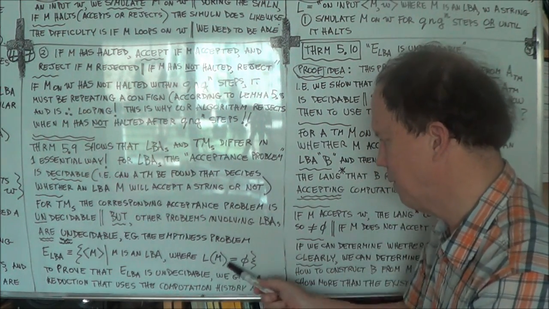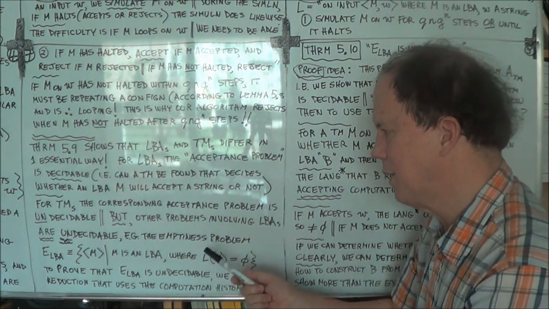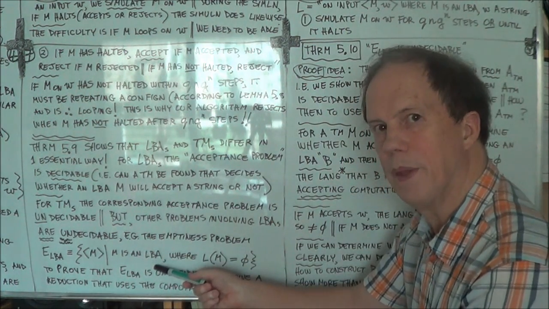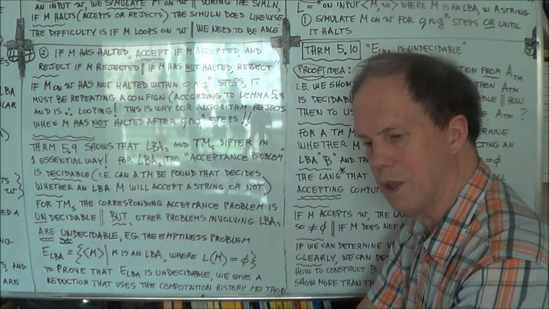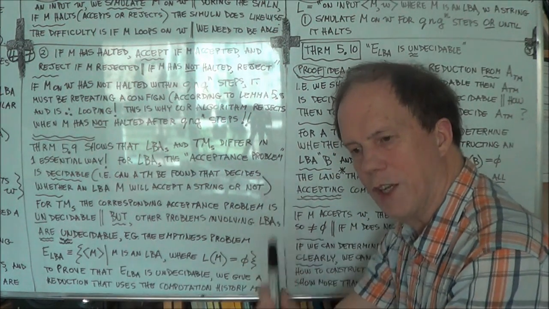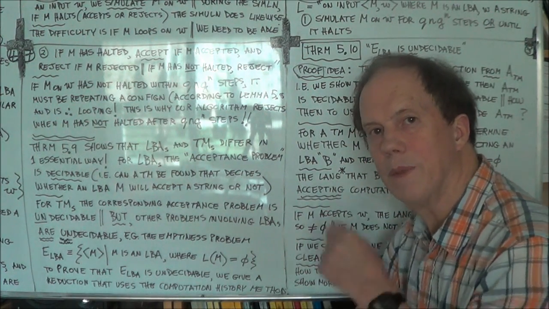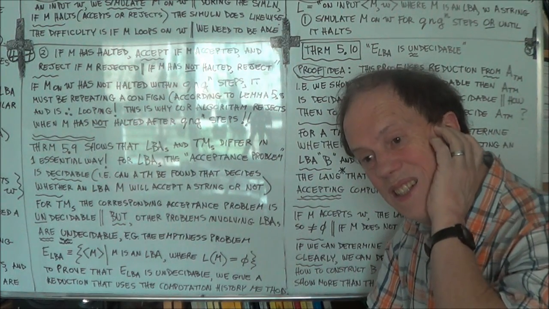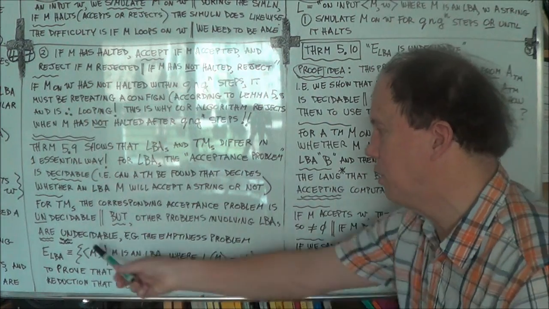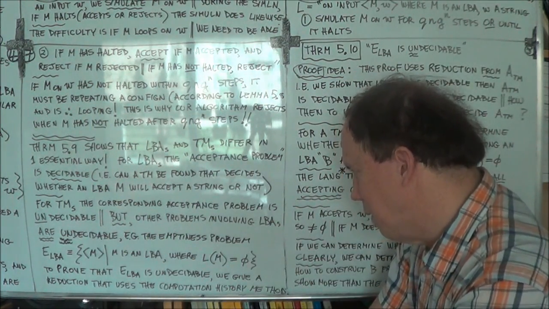Can you find an ordinary Turing machine that takes as input the description of some LBA, and that can tell you whether that LBA will reject all strings? In other words, its language is empty. That's the computational problem equivalent form of this language. You can translate readily back and forth.